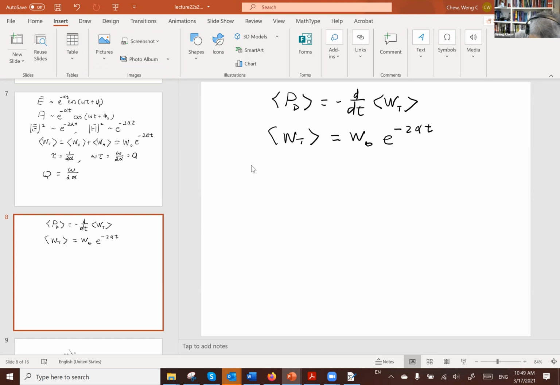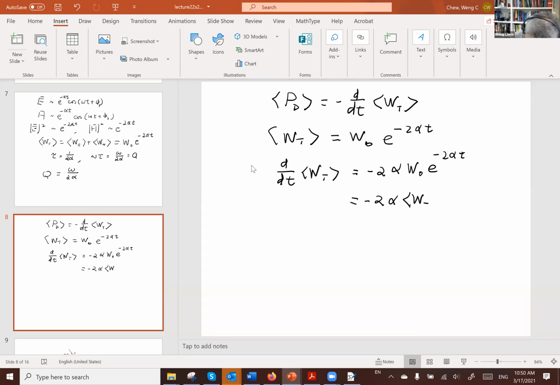Which means that d/dt of WT must be proportional to minus 2 alpha W0 e to the minus 2 alpha t, and this means that it is minus 2 alpha WT. But the left-hand side must be equal to minus PD. And you can estimate that alpha would be equal to PD over 2WT.